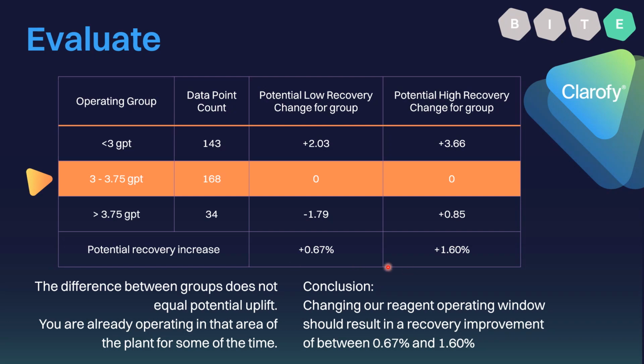So when you have a tactic like this, which is just change reagent addition, it's something that doesn't cost much to implement. In fact, it probably costs nothing to implement. So you want to ideally be targeting your analytics for things that are low cost and getting results like this in order to improve your overall plant performance.